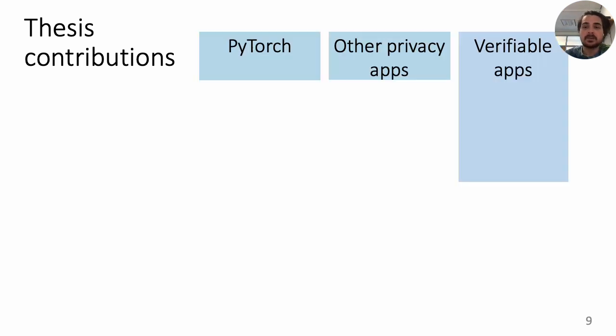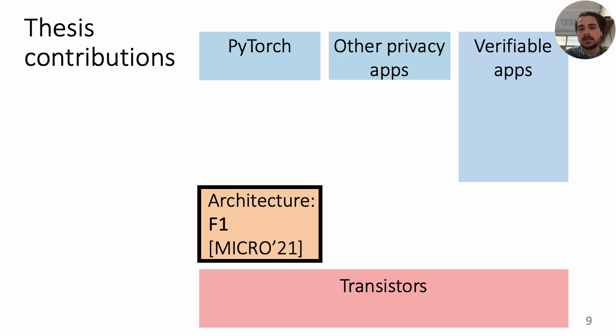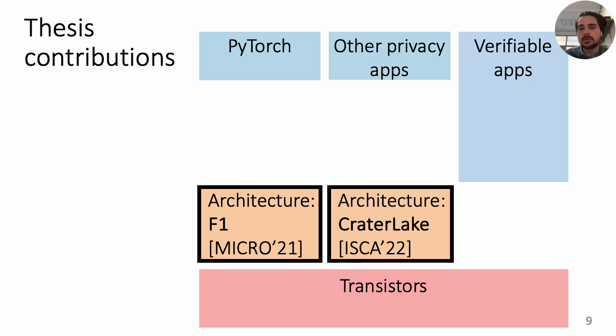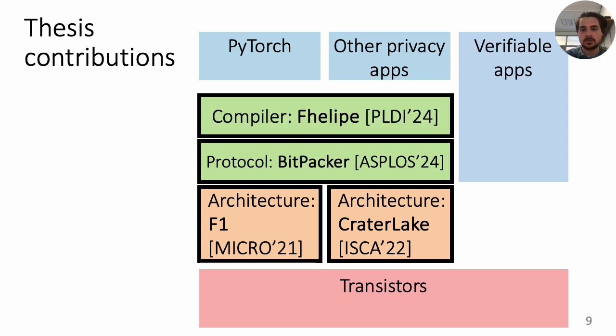So we bridge the gap between private and verifiable applications that users want at the top and transistors at the bottom. Specifically, we contribute two FHE hardware accelerators, F1 and Crater Lake, which close most of the performance gap between encrypted and unencrypted computation. We also contribute Bitpacker, a change to the state-of-the-art FHE implementation that improves performance on both accelerators and CPUs.